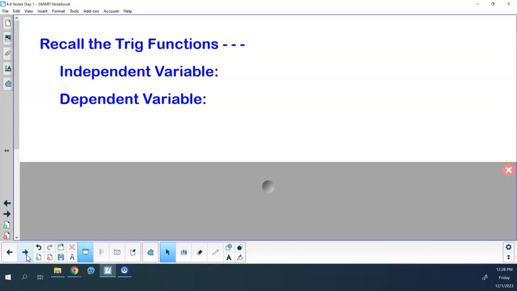We put in an angle, okay? So we're going to put an angle into the function. Our independent variable is what we put into the function. We trigify it. What do we get out?